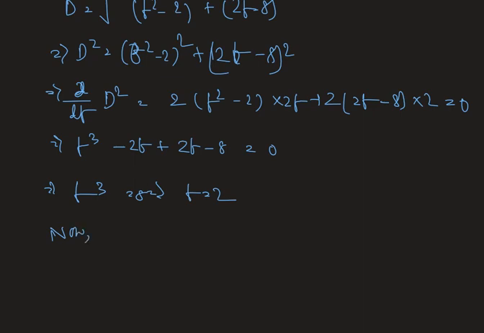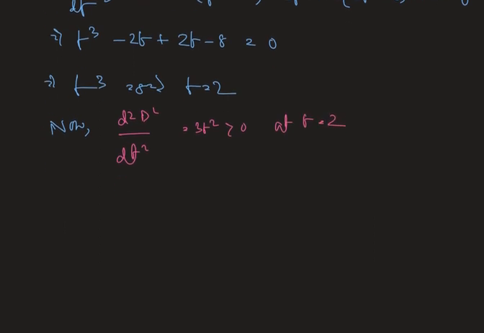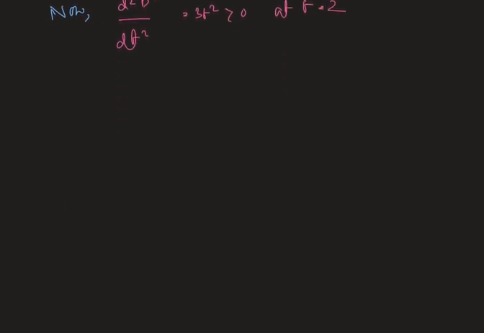Now d2 d square by dt square equals 3t square, which is greater than 0 at t equals 2. So d square has a minimum value at t equals 2.